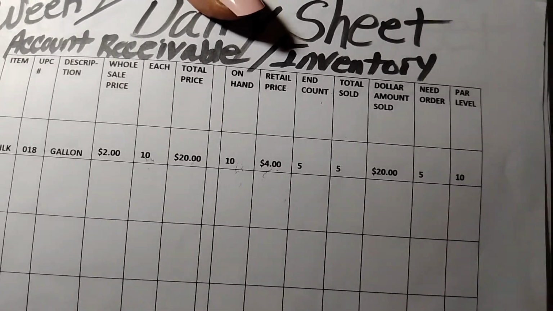So then you will go around your whole store and you will count inventory. Okay? So then you're going to count your milk. Right? And on your milk sheet, remember, this is our inventory sheet. So remember, this side is what was for the truck. We put everything from the truck.